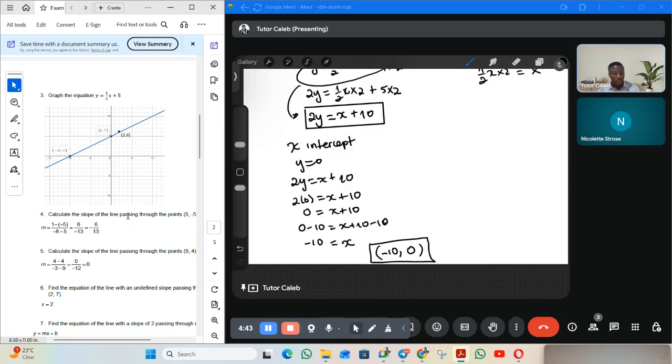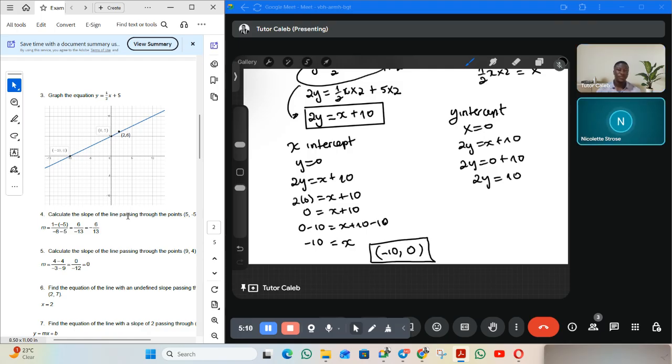Now, for the y-intercept, x will be 0. So in the equation 2y equals x plus 10, wherever you see x, you're going to put 0. So you get 2y equals 0 plus 10. So 2y equals 10. Do you agree? Yes.